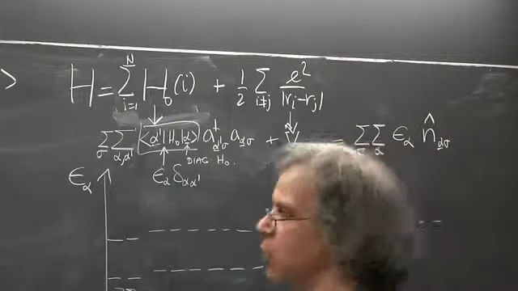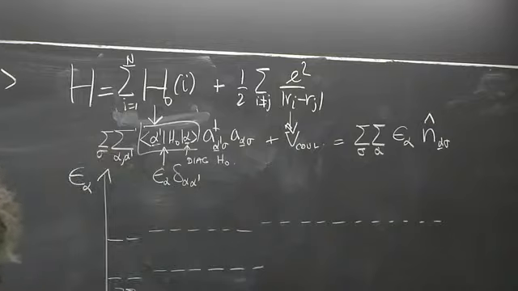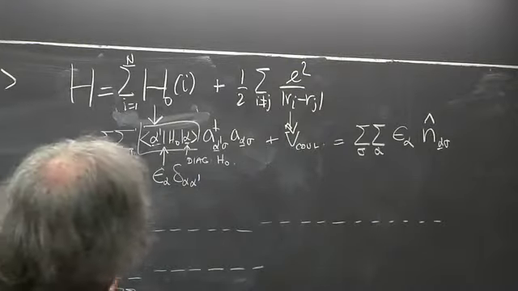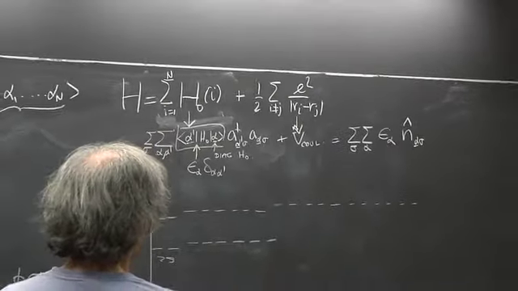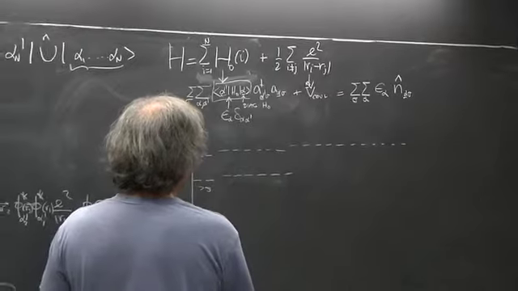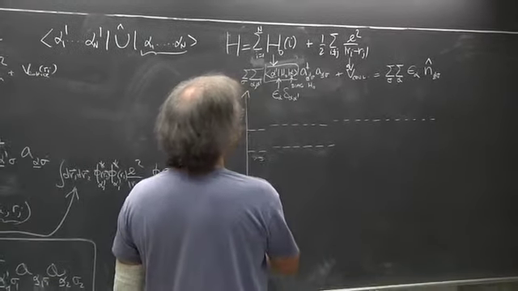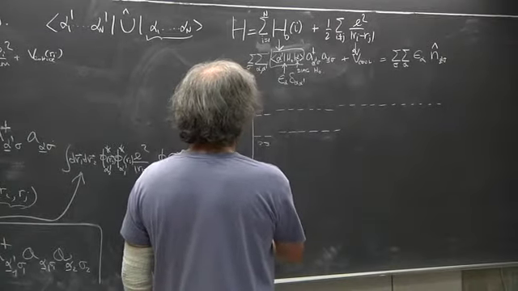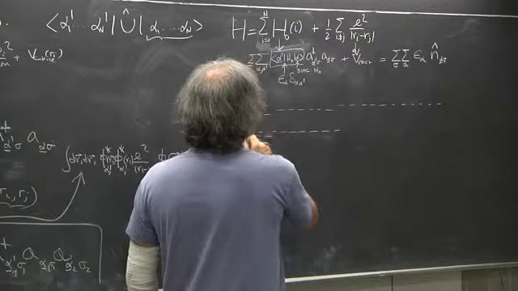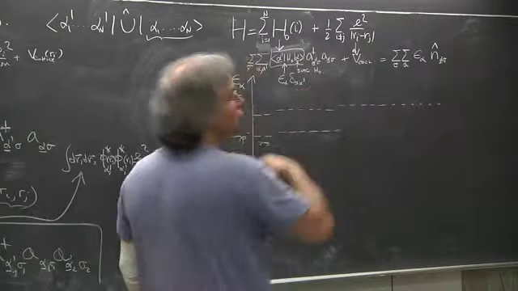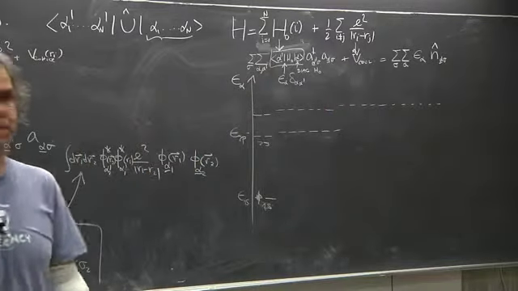So if there is an electron in the orbital alpha sigma, then this contributes an energy epsilon alpha, depending where the electron is. If it is here, you pay epsilon 1s. If it is there, you pay epsilon 2p. And you sum. So this is very simple.